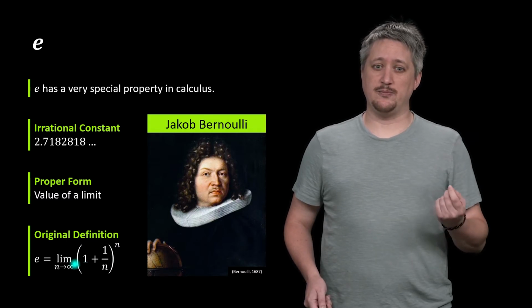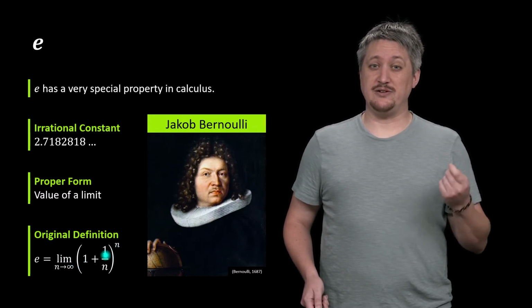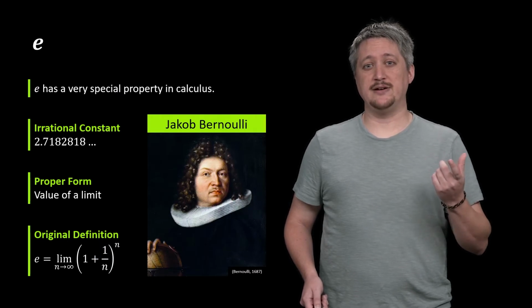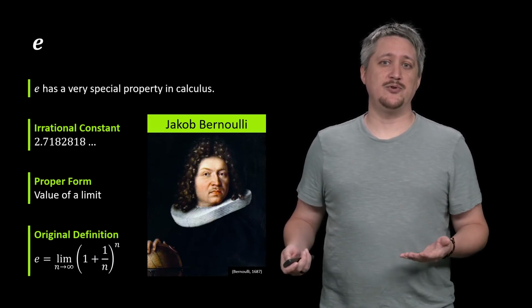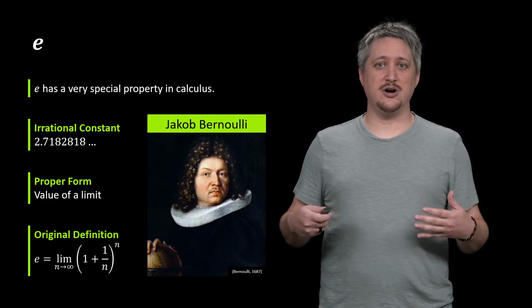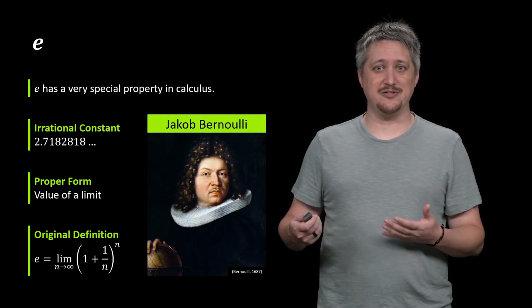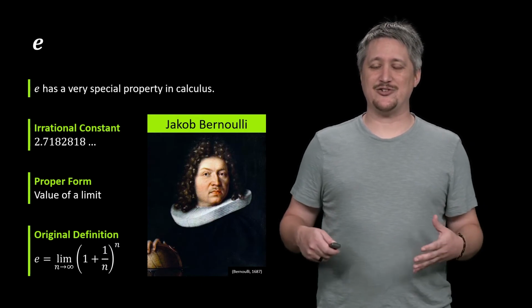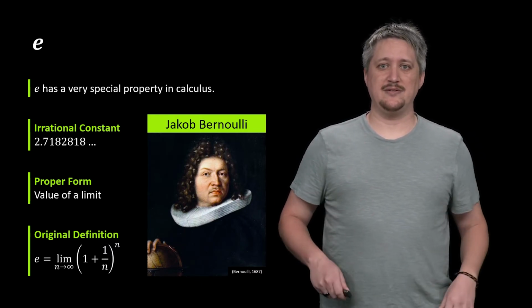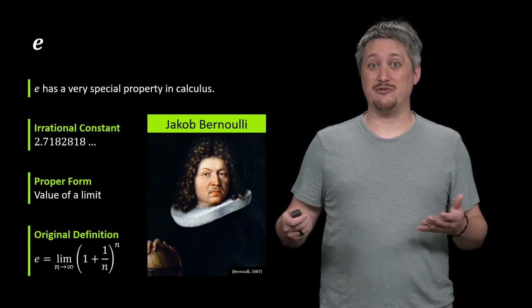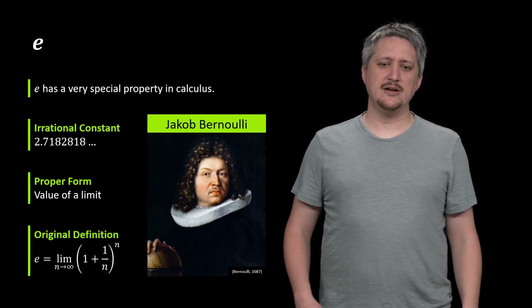So it's trying to be small, but we're raising to an infinitely large power, which is trying to make it big. So we have that tension, so this is an indeterminate form. That's why Bernoulli went through a lot of effort, because he didn't have a lot of the mechanics we have now, to come up with what this should be, and he named it e as the reference letter. Okay.